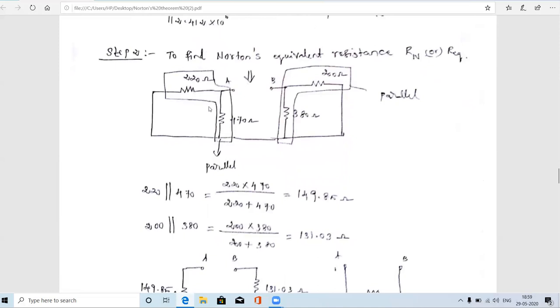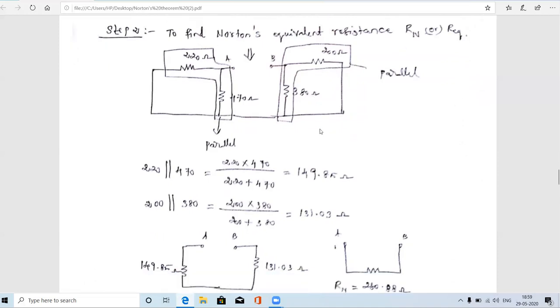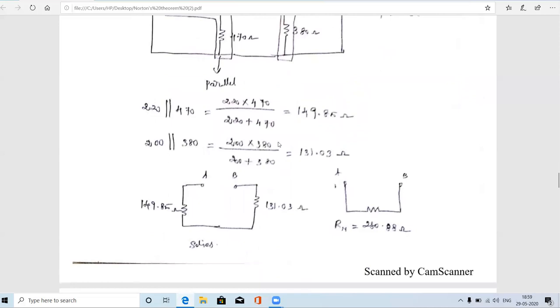Now you see these two resistances, the 220 and 470. These two resistances are connected in parallel combination. So 220 parallel with 470, you just calculate 220 into 470 divided by 220 plus 470. So the answer is 149.85 ohm. Similarly, in this case also, the 200 ohm and 380 ohm are connected in parallel combination. The parallel combination of these two gives 131.03 ohms.